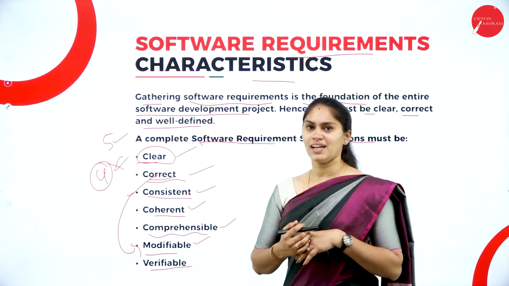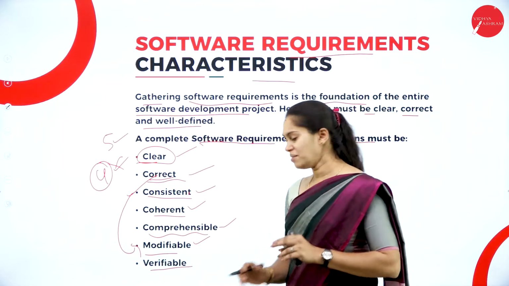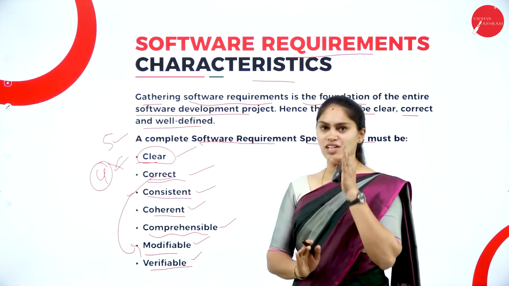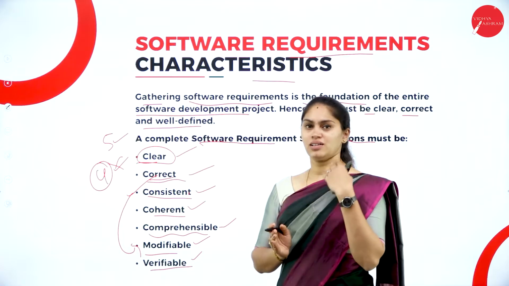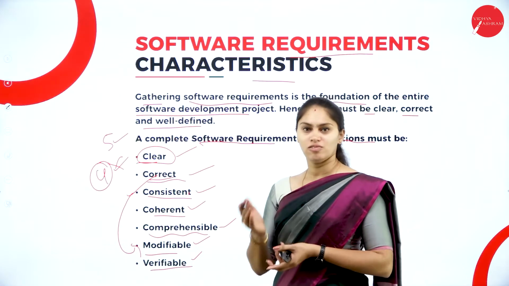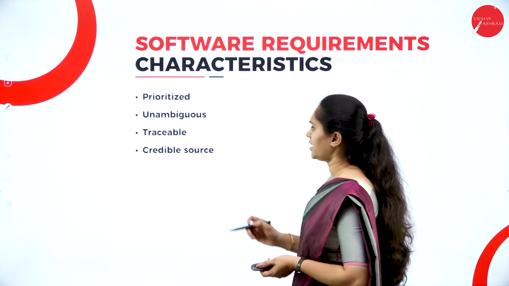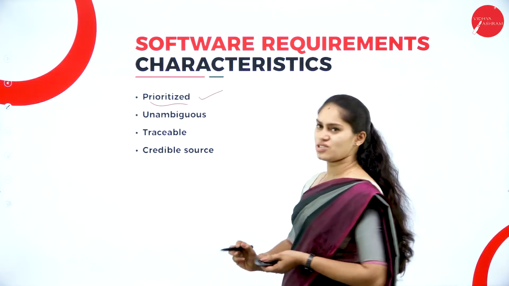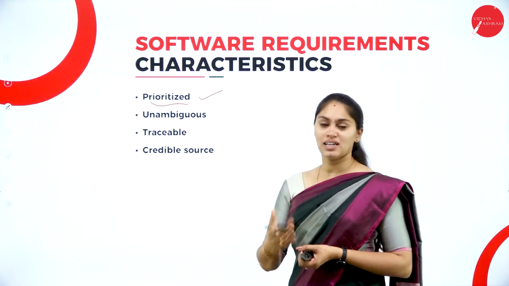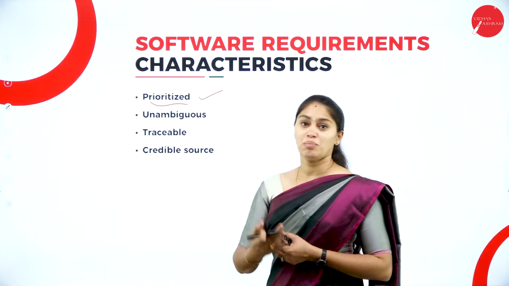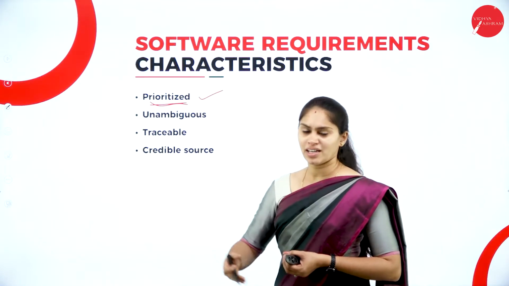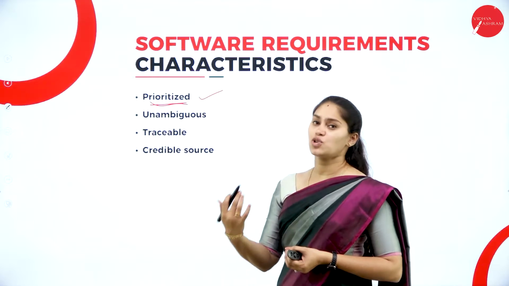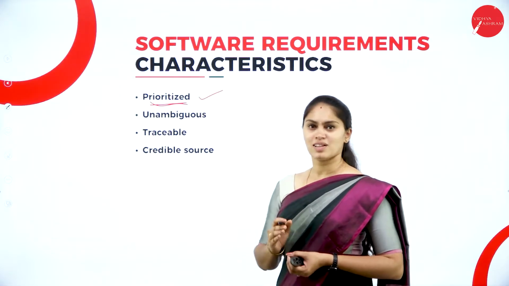When we want to validate it, there must be verifiability also. So against the requirements we have, it needs to be validated, and also it needs to be prioritized. Based on certain circumstances, on the urgency, or on its importance, it needs to be prioritized. And when we are prioritizing the requirements, that should not affect other requirements.